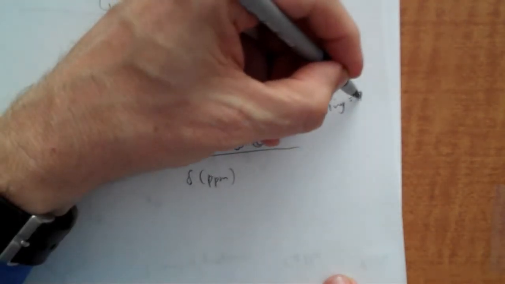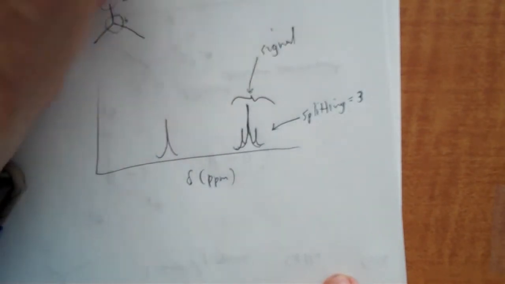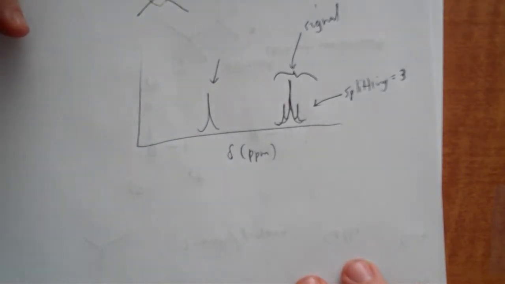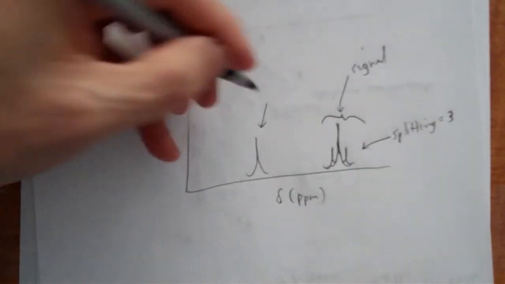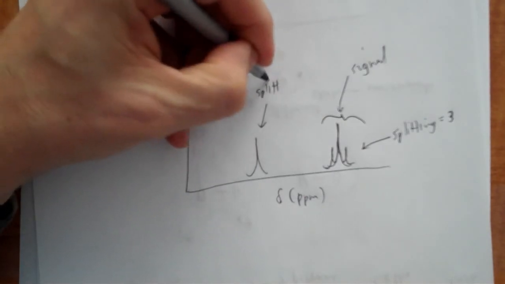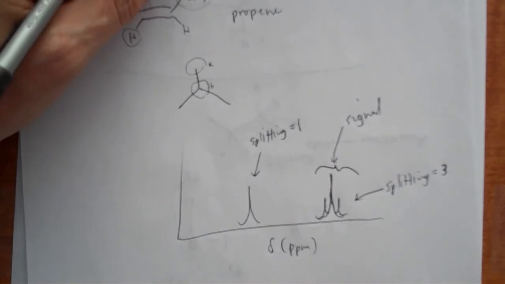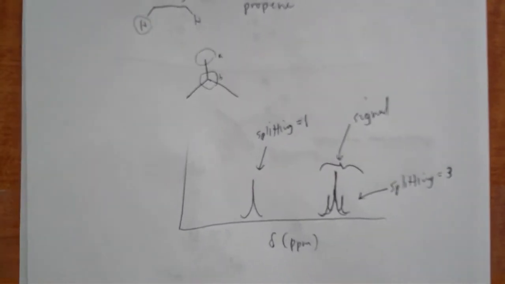Splitting equals 3, and the signal we usually call a group as a single signal. If that were true, what would be the splitting of this one? Simply, you would say there's no splitting at all. It's not split. Everything's together in one.